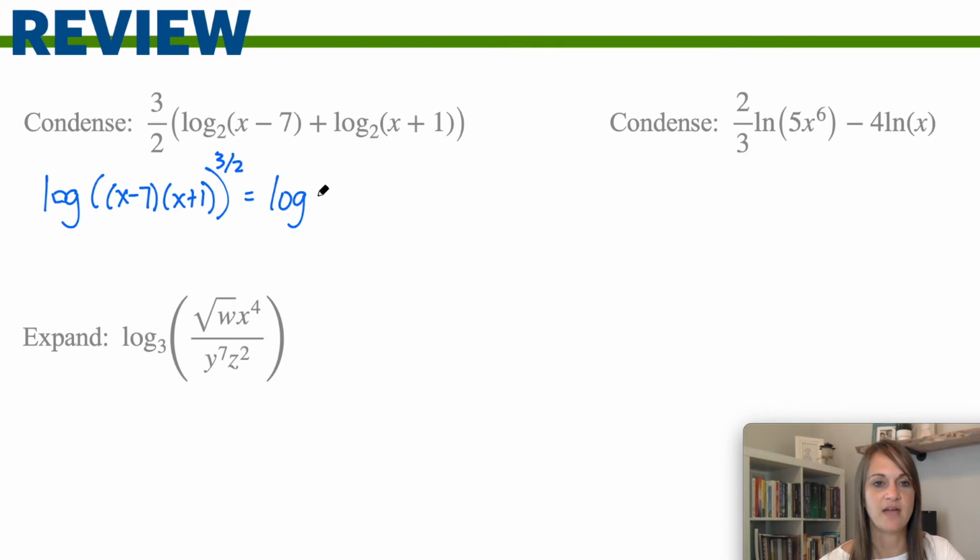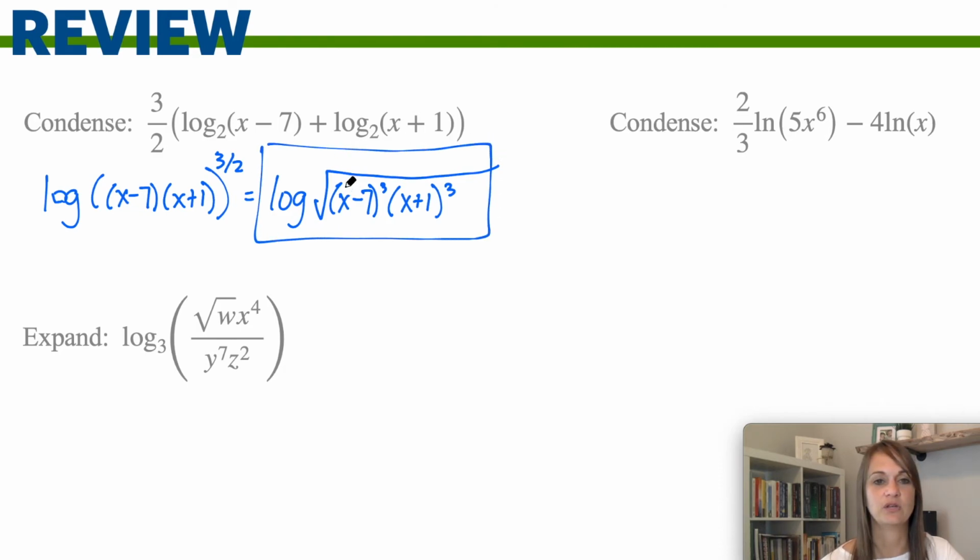Something raised to the half is the same thing as a square root. And so you could do the x minus 7 cubed and x plus 1 cubed. Or you can make one long parentheses around these two and just have it raised to the 3rd power. But the 2 in the denominator means it's a square root, and then the 3 just means that both parentheses should be raised to the 3rd power.